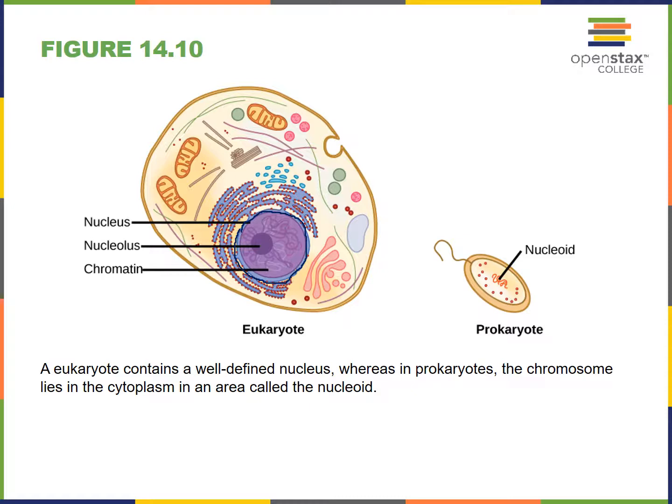Protein synthesis in the eukaryotic cell happens either out on the rough ER where the ribosomes are, or in the cytoplasm where ribosomes are. So in the eukaryote, DNA and RNA synthesis have been separated from protein synthesis. However, in the prokaryote, there's no compartment. So DNA, RNA, and protein synthesis all happens in the same place, in the cytoplasm.